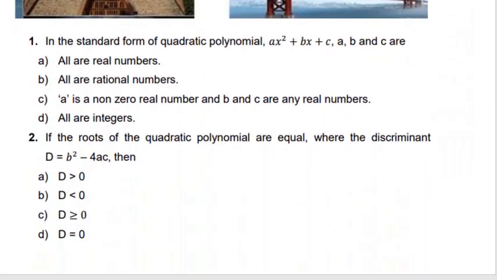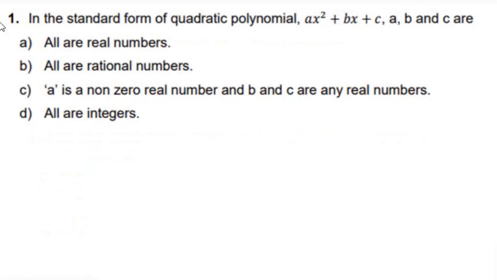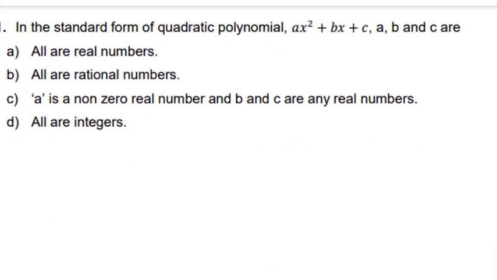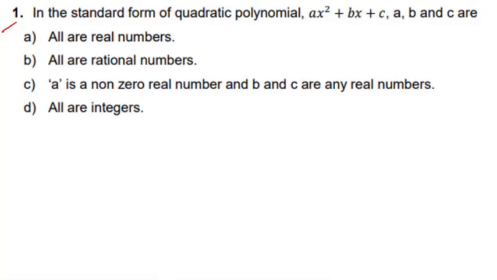So let's solve the questions. Here you can see question number 1. In the standard form of quadratic polynomial ax square plus bx plus c, what are a, b, c?